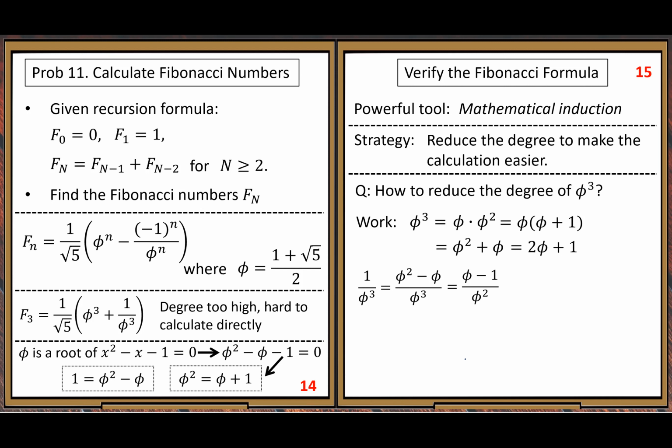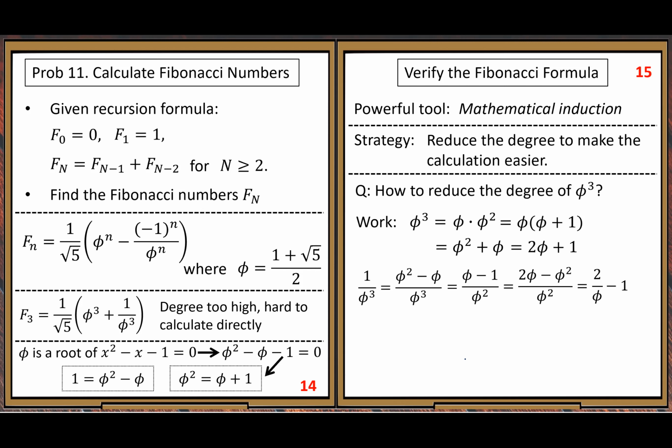One common factor, phi, cancels out. Phi minus 1 over phi squared. Next, can we replace 1 by phi squared minus phi another time? After replacement, we have 2 phi minus phi squared. Then equals 2 over phi minus 1.